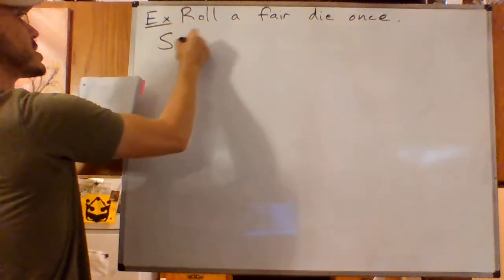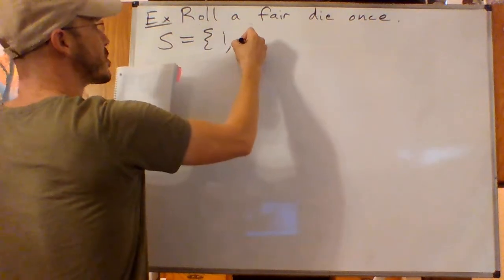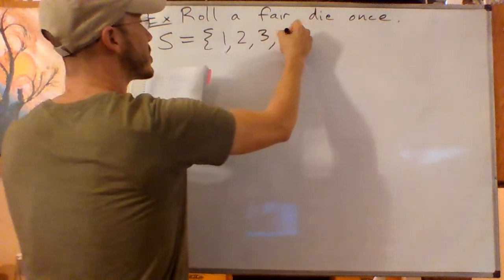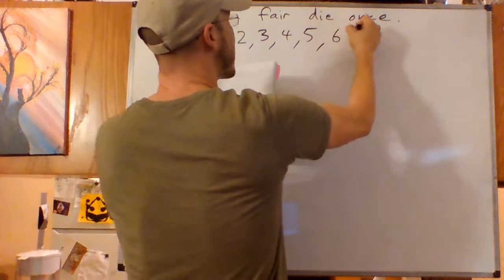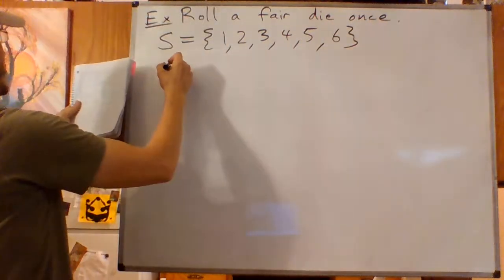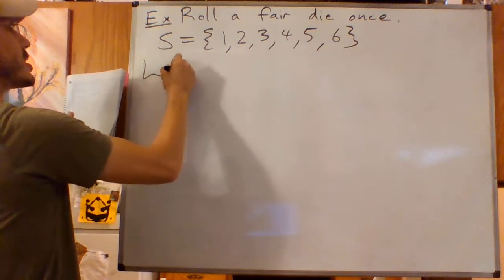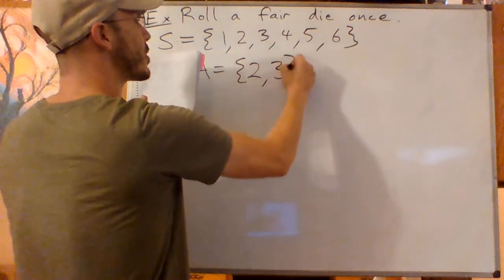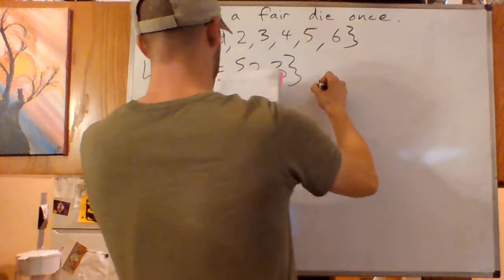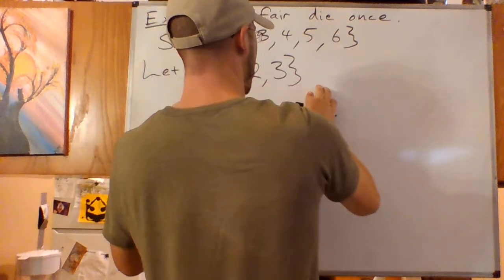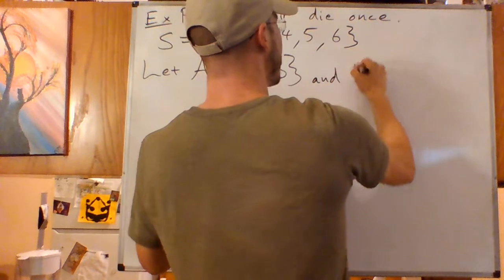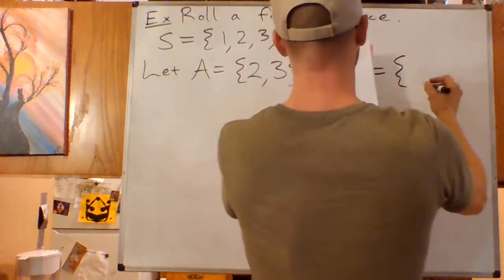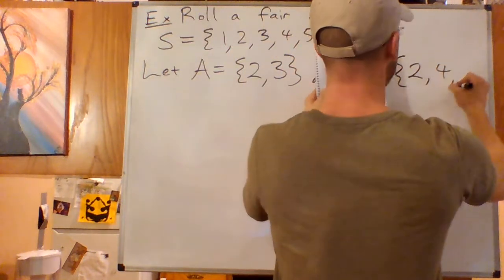The sample space, again, we've seen this before, it's 1, 2, 3, 4, 5, 6. Let event A be a 2 or a 3, and event B be 2, 4, 6.